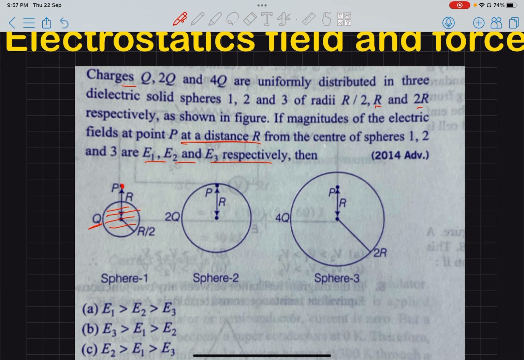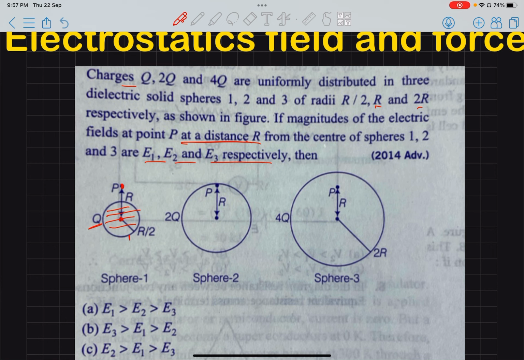We have to remember over here, if there is a spherically symmetric charge distribution and we have to find the field outside the distribution, then the field at that point would be simply the field because of the total charge. We assume that the total charge is concentrated at the center and find the field.